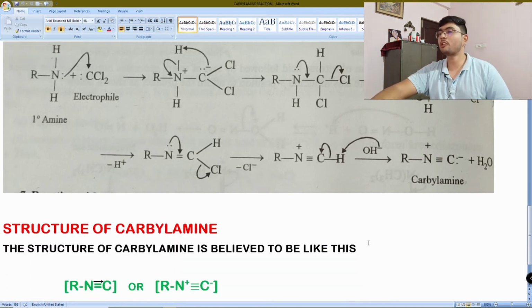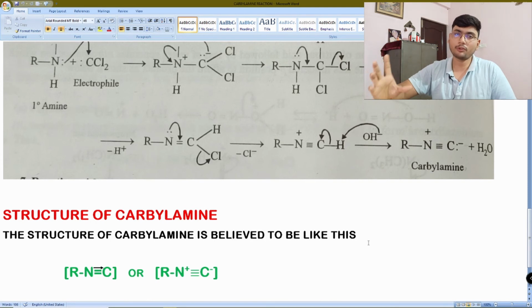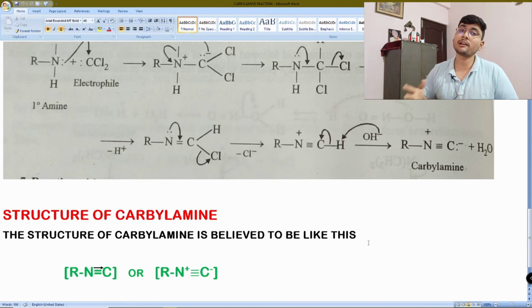Okay, so now I think there is a bit of confusion in the structure of isocyanide. The structure of isocyanide is somewhat different from usual structures. You see, it is an ionized structure. You can say that both the atoms have a charge on them.